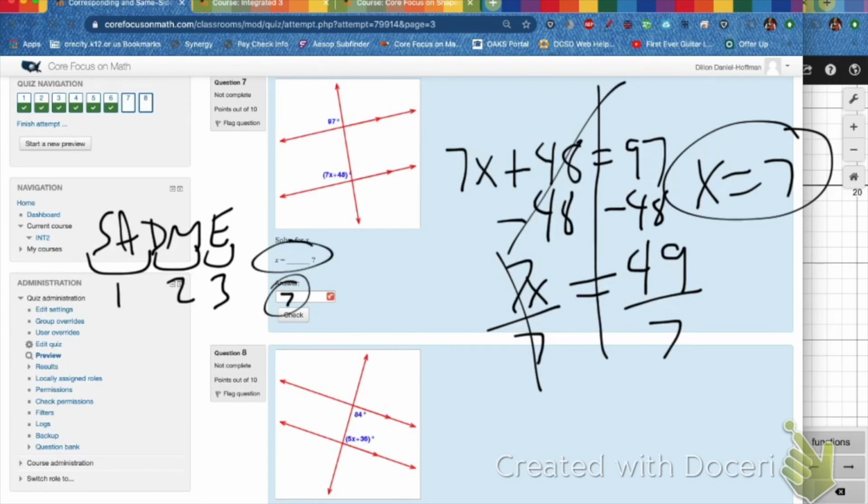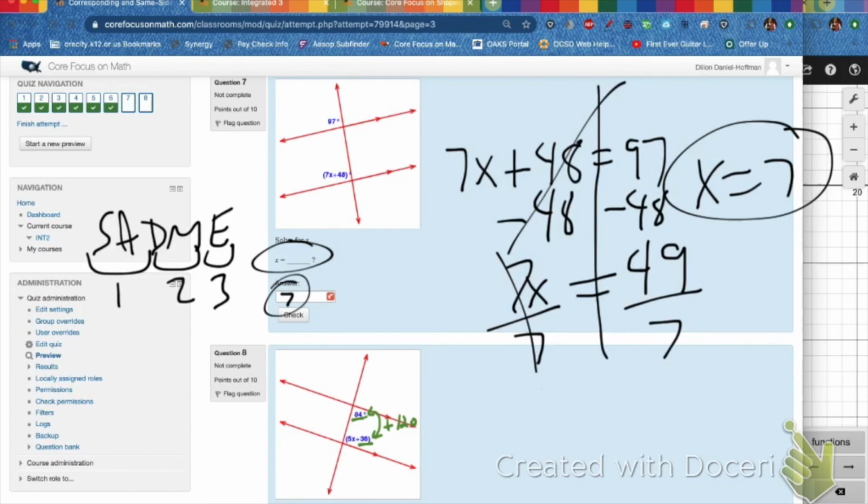All right, and then I can do the same thing here, only wait a minute. I have to remember that these are not congruent. That's right. They're same side interior. So instead of being congruent, we're going to do what we've done with the complementary and supplementary angles already. And we are going to combine like terms. So my positive 84 and my positive 36 in green, that combines to positive 120.